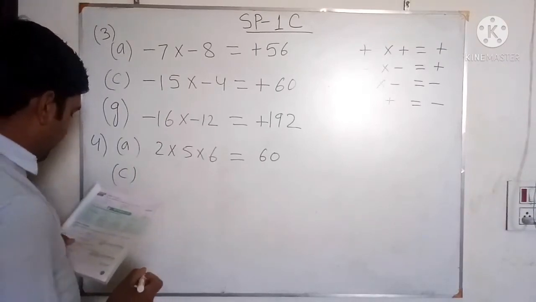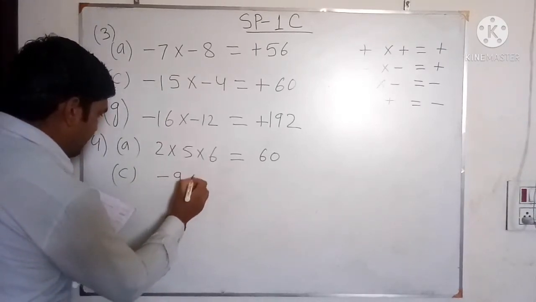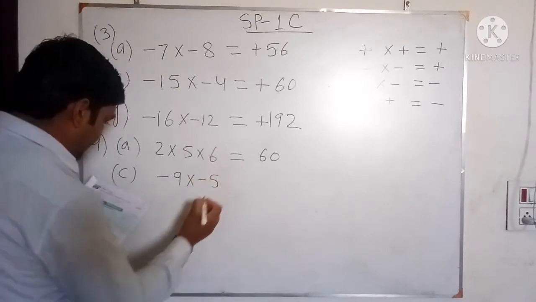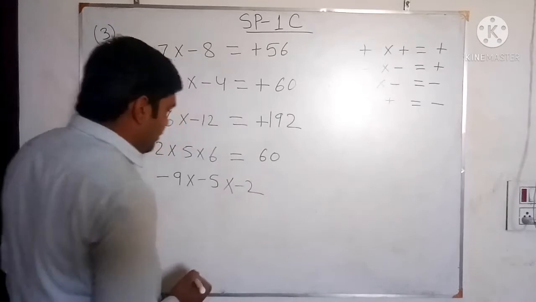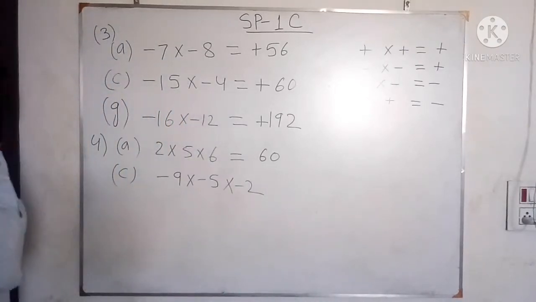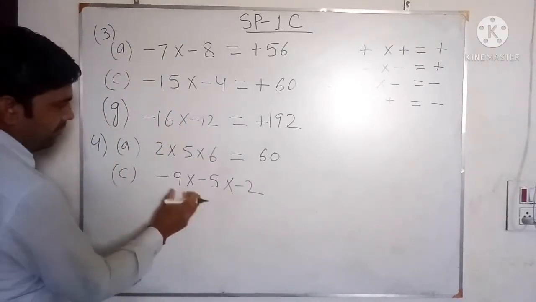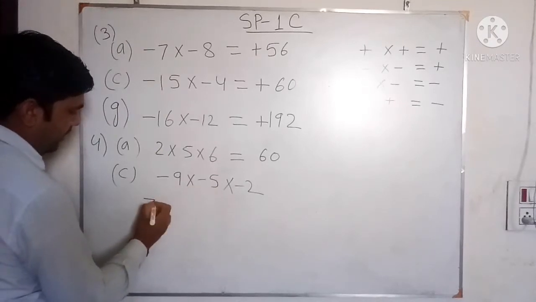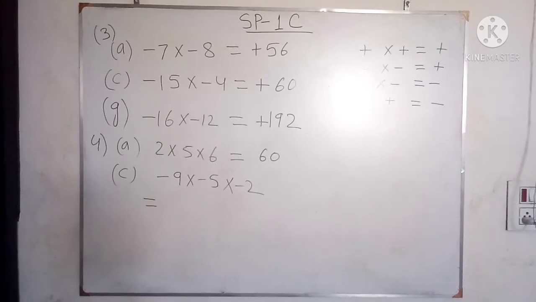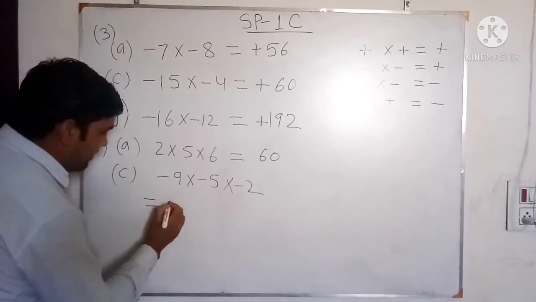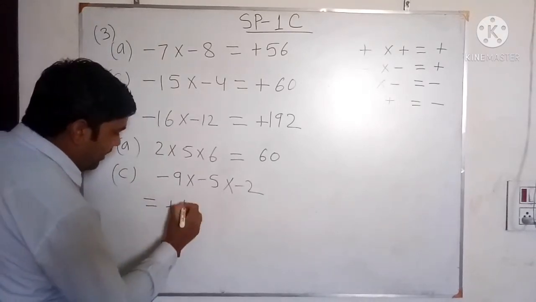Next we see the question number 4c. In question number c you see minus 9 multiply minus 5 multiply minus 2. So how we do such type of question? First we multiply these two integers. Minus 9 multiply minus 5. So minus minus gives what? Plus, and 9 fives are 45.